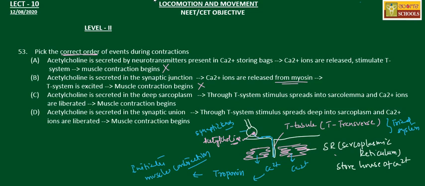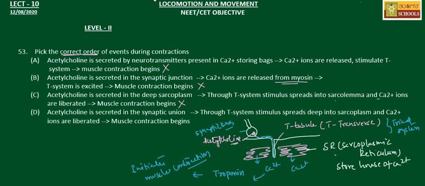This is wrong. Through T system, stimulus spreads into the sarcolemma, and calcium ions are liberated. But this is again not a correct statement. Acetylcholine is secreted in the synaptic junction. Yes. Through T system. Yes.